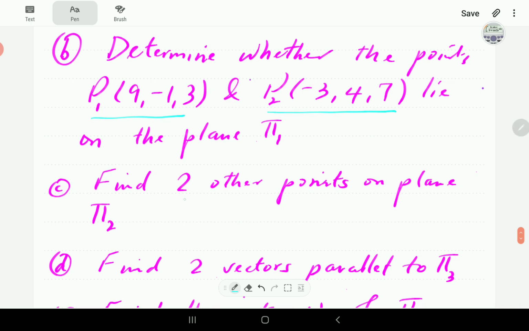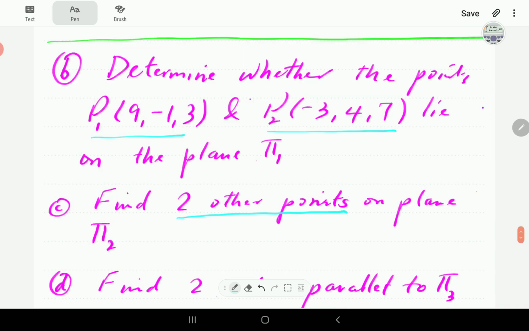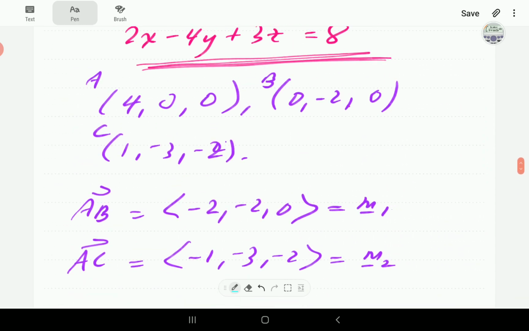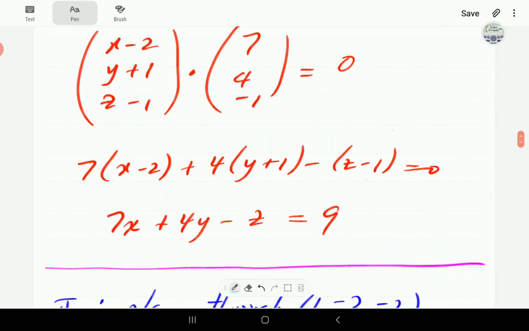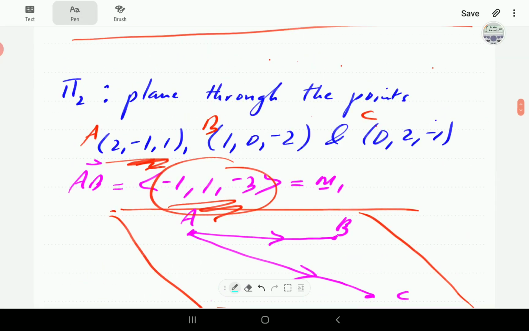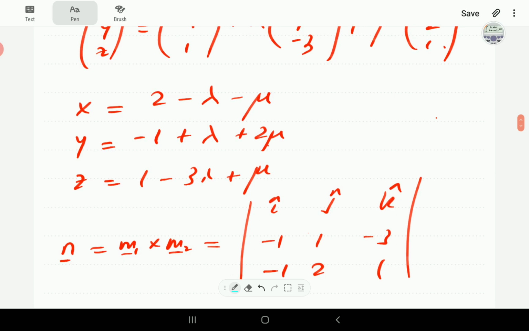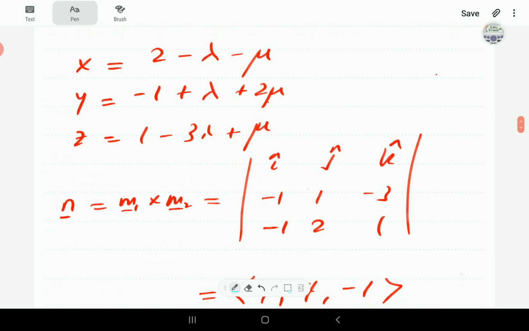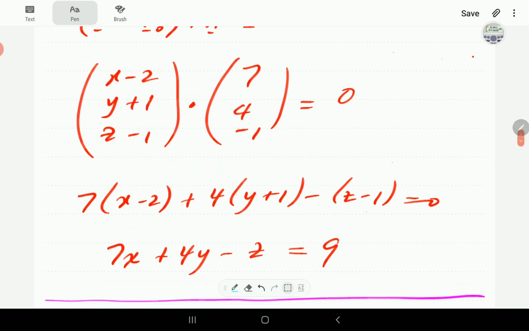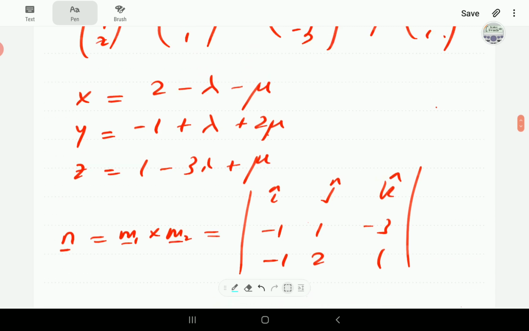Part C: find 2 other points on plane number 2. Okay, so I'm just going to bring down the equations for plane number 2. The ones that are going to be useful for this will be the parametric form of the equation, and also the scalar; we can use either of the two.